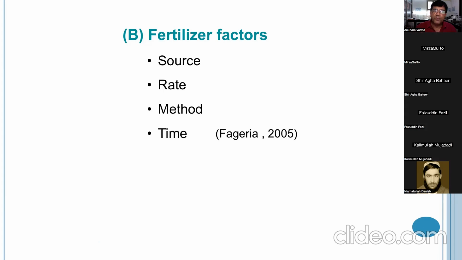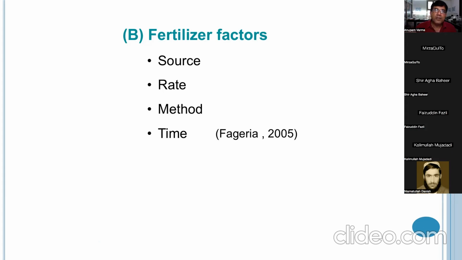Similarly, if you are going for foliar spray, suppose iron sulfate or zinc sulfate, then you also have chelated fertilizers. Chelated fertilizers have more efficiency. Chelated iron, chelated zinc, or chelated micronutrients are better than the sulfates.